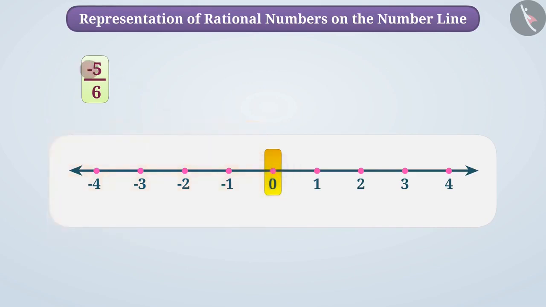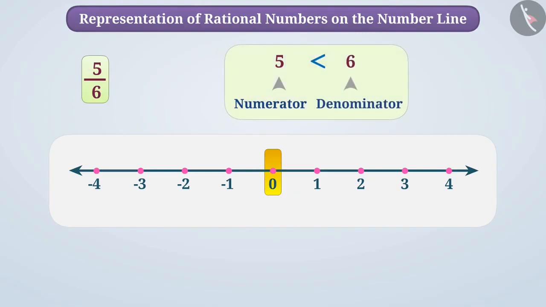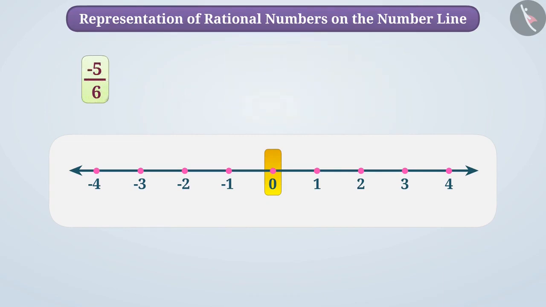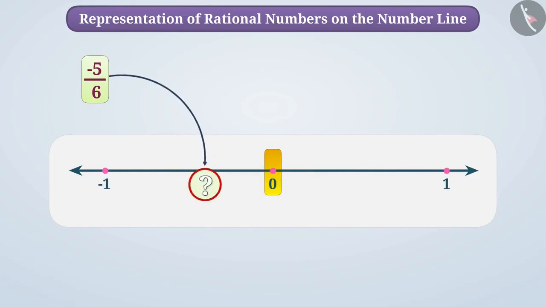Let's ignore the minus sign for a while. Now, we see that the numerator 5 in 5 by 6 is smaller than 6. From this, it is known that 5 by 6 is smaller than 1, that is, less than a unit. This tells us that the place of -5 by 6 is between 0 and -1. To find the exact location of -5 by 6, we will divide the distance between 0 and -1 into 6 equal parts.